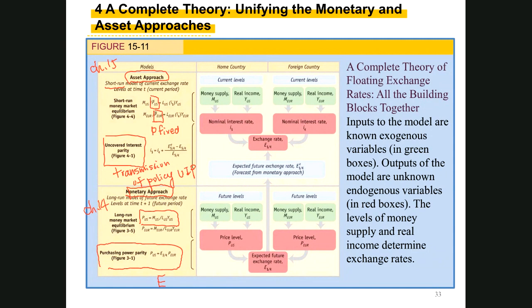Okay? So now we need to use the graph that we see to combine the money market and the foreign exchange market to see what happened in the long run. So in the long run, it will look like this.